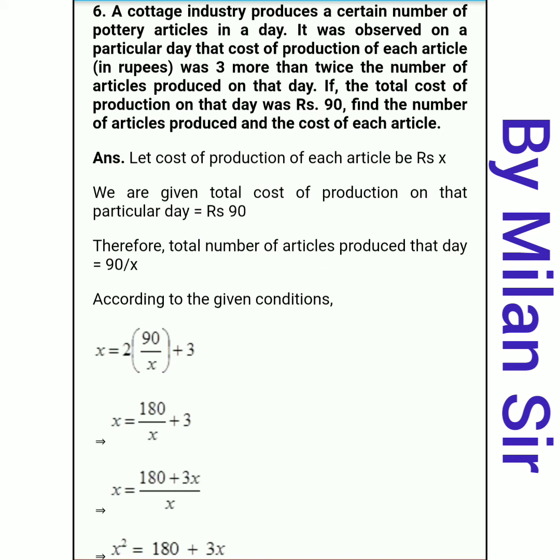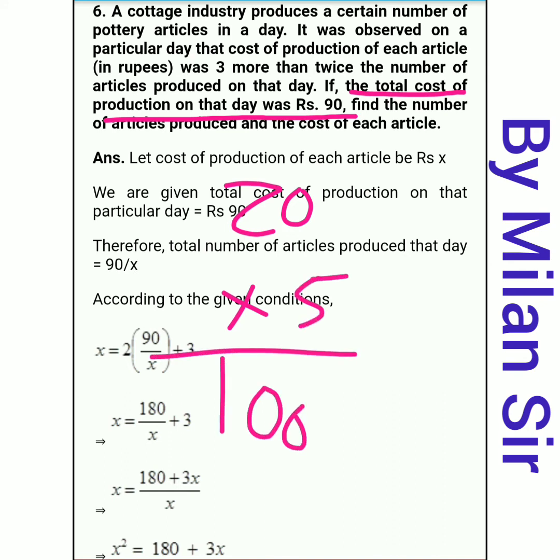Then here, the total cost of production on that day was rupees 90. That means if I say I have 20 articles, each of rupees 5, then the total price is 100, right? 20 multiplied by 5.